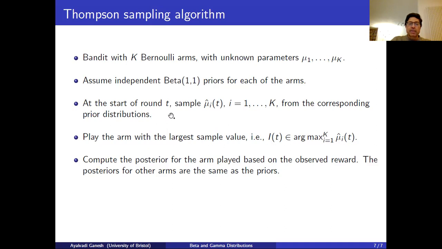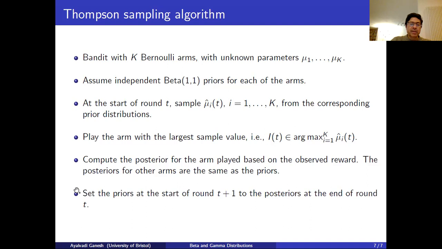Okay, so you started round T with some priors. You've calculated the posteriors at the end of the round, and they only changed for the arm which was played. And you're going to set the priors at the start of round T plus 1 to be the posteriors at the end of round T. And that's the natural thing to do. Okay, and then you repeat this process indefinitely.